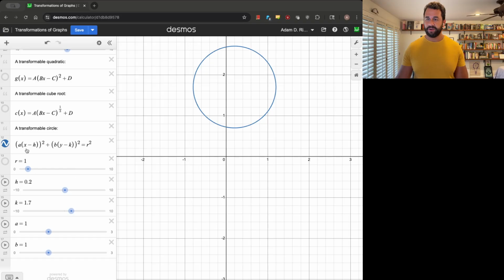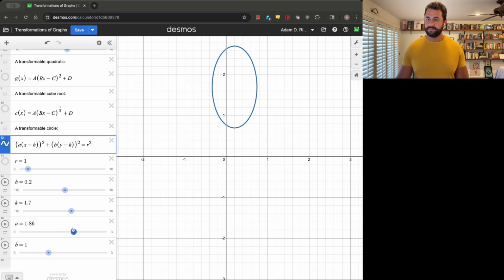And now here's the fun part. If I change A and I change B, there it is. It's getting squished. So if it's written in this form and A is large, you're squishing it horizontally. And let's look at B. There we go.